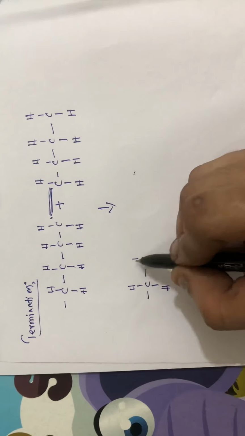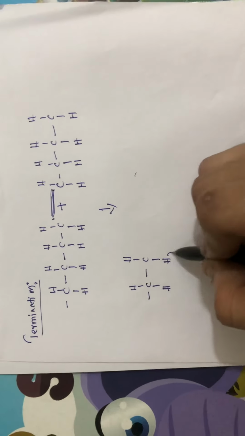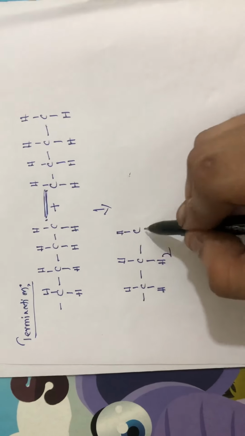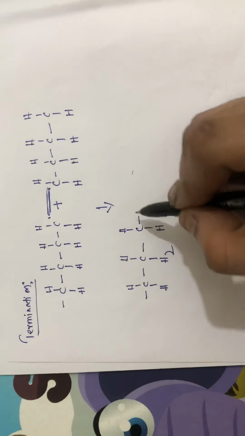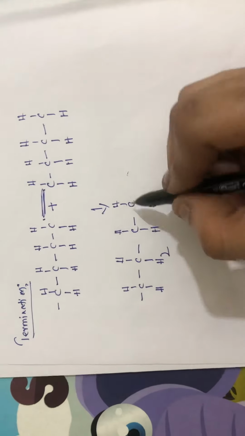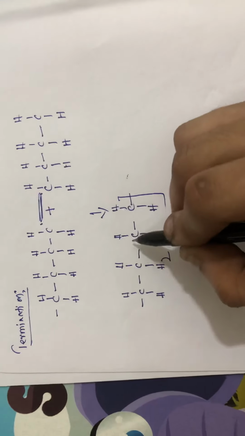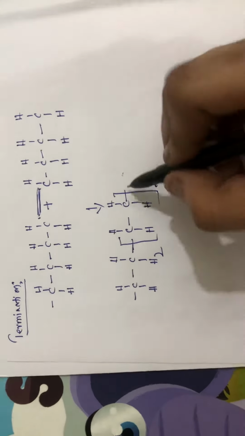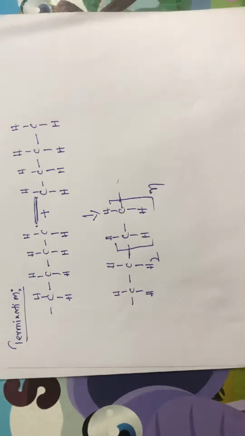CH2 CH2 CH2. Here this can be denoted with n times for our convenience, because we are unable to write the chain on a small A4 sheet, right?